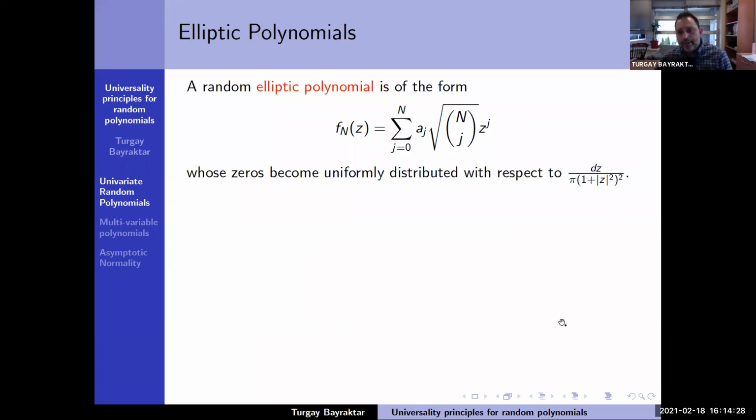Okay, now another ensemble you can work with is the elliptic polynomial, where you use a different orthonormal basis. The orthonormal basis in the Kac ensemble was just monomials. Here you have the scaled monomials. I'll tell you what the inner product is in a minute.